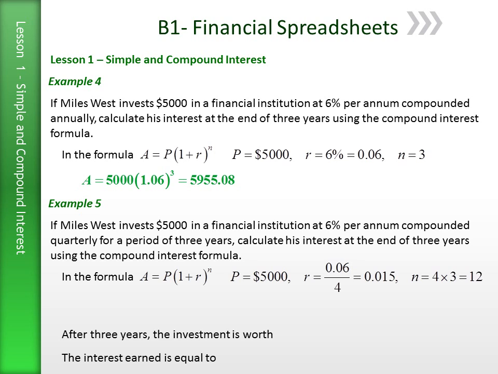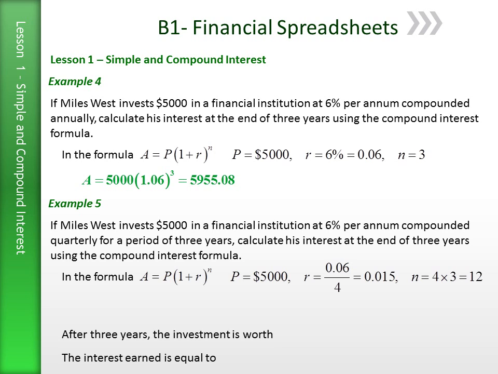Let's look at Miles West again, except this time it's still 6%, but it's compounded quarterly for the period of 3 years. Calculate his interest at the end of 3 years using the compound interest formula. So again, we have the same formula. The principal is still 5,000, but our rate is being split up into 4 sections, because it's being compounded quarterly.